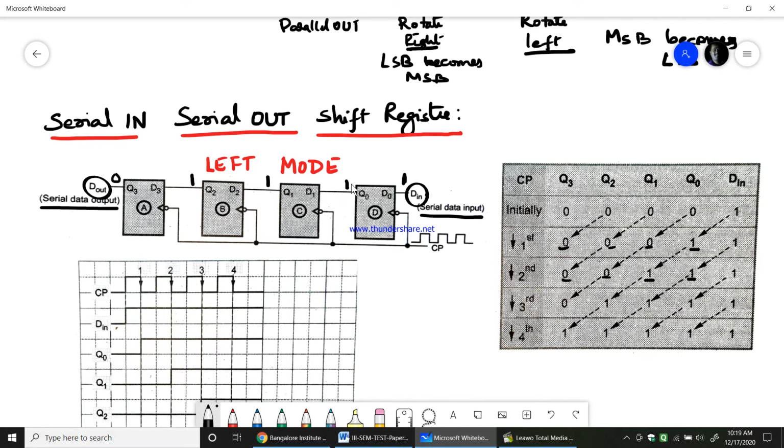This D in 1 comes to Q0, and the Q0 which was 1 earlier comes to Q1. Then Q1 which was 1 earlier gets shifted to Q2, and Q2 which was 1 earlier gets shifted to Q3. This is how the serial input is given, with all ones at the end.